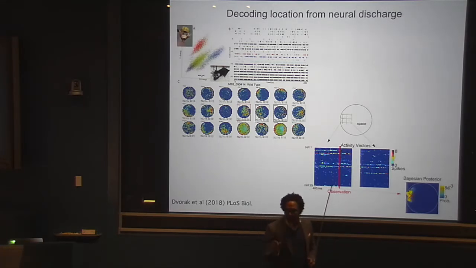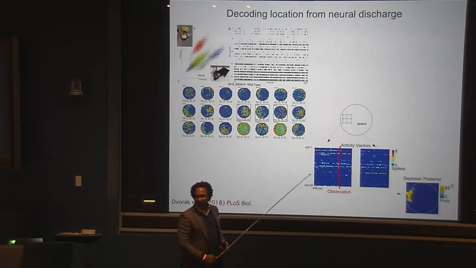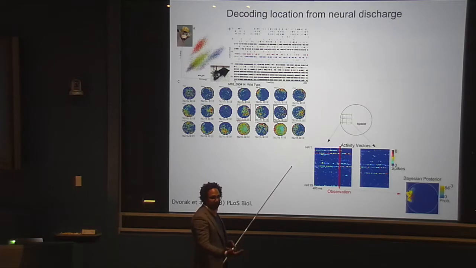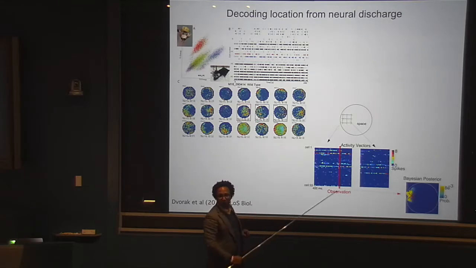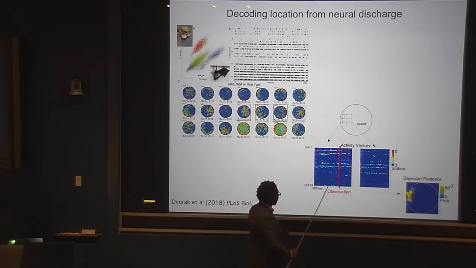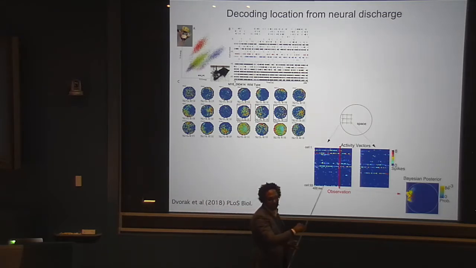We're going to pick 400 milliseconds, so a fraction of a second, and say, hey, we've recorded 53 of these cells. What is the pattern of activity, analogous to the snapshot of the jumbotron, across this short moment of time? That's the state, if you will, of the system. And we can do some math with that and ask, how likely is that short pattern of activity able to tell me where the animal is?